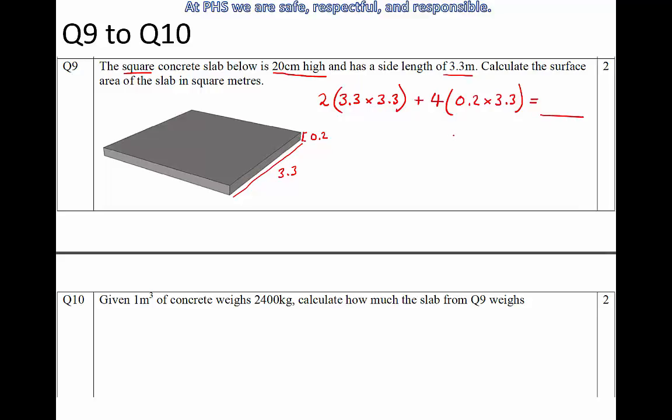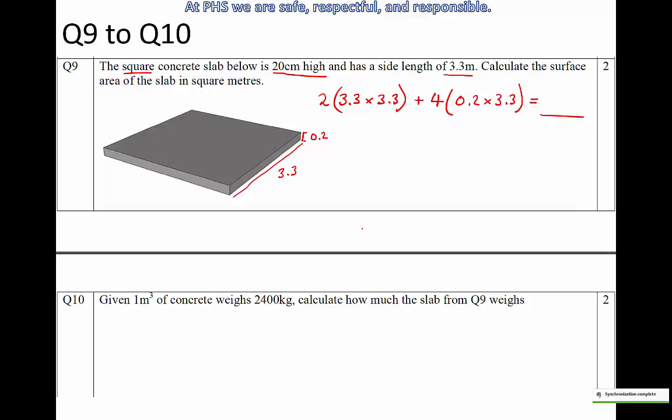All right, so let's have a look at question 10. Now I haven't got a calculator with me, so I'm going to leave these calculations for you, and you should be able to follow along with your calculator and get the right answers. So given 1 cubic meter of concrete weighs 2,400 kilos, calculate how much the slab from question 9 weighs.